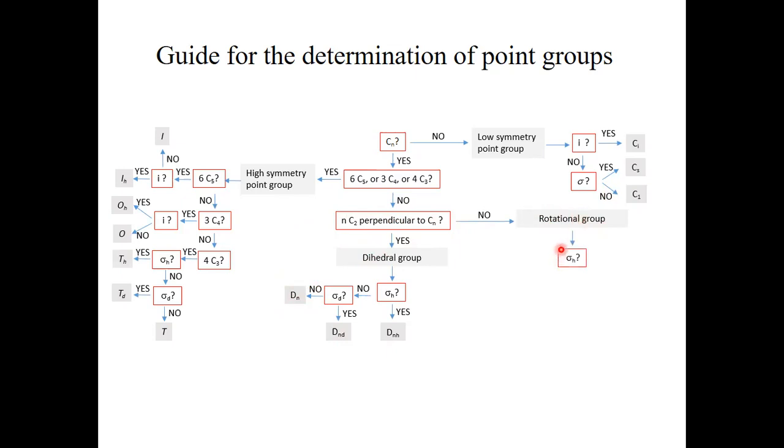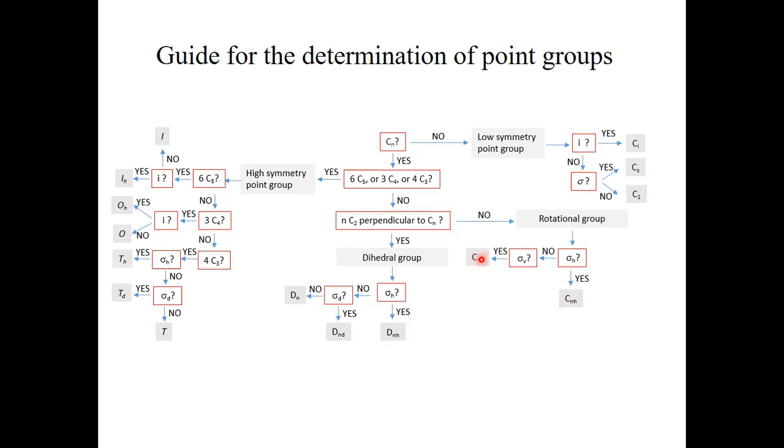Okay, so we can ask next, is there a sigma h mirror plane present? If yes, we would know that our point group is of the type Cnh. If no, we ask whether we have a sigma v mirror plane present. If that's the case, then we know that the point group is of the type Cnv.